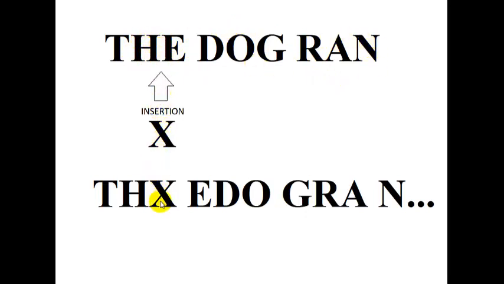We've now added a letter that doesn't fit, and any letter that would occur in our sentence thereafter would be affected downstream from that. So this would be the idea of an insertion frame shift mutation. We insert a letter, we throw off the reading frame, and no longer does our sentence make any sense to us.